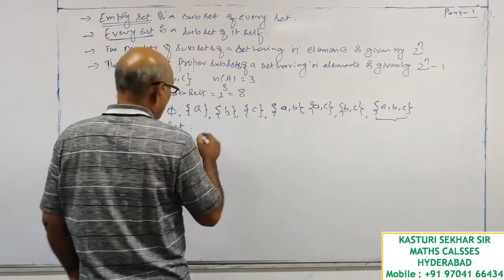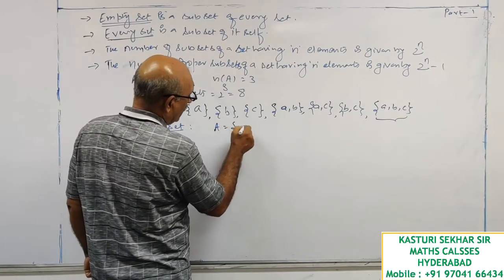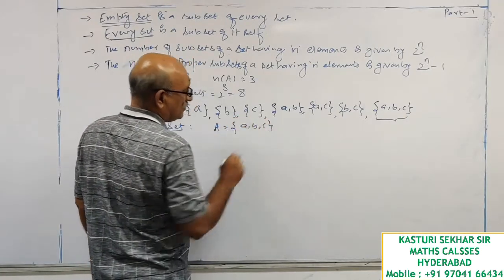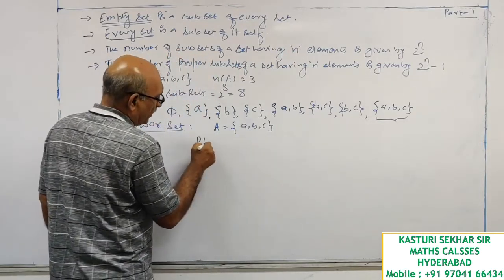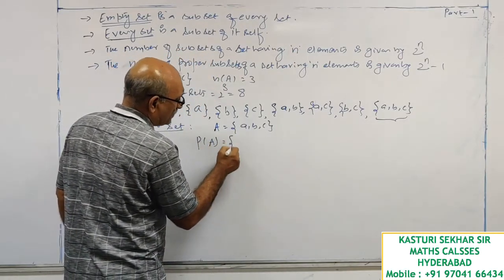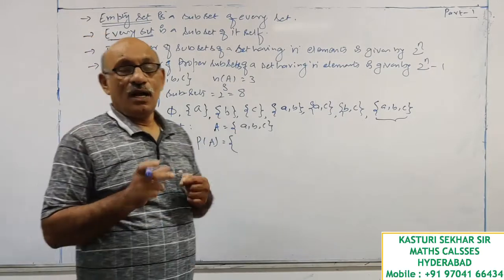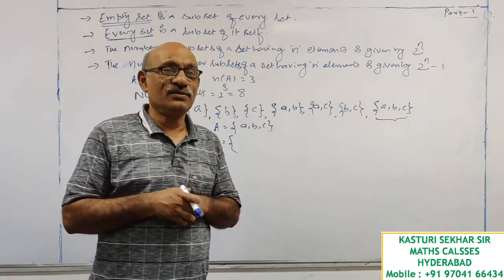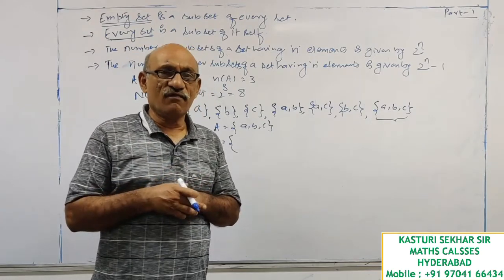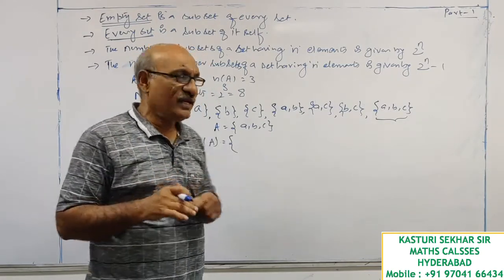Now consider the same example. A is equal to A, comma, B, comma, C, and it is having 8 subsets. If I represent these 8 subsets as elements in roster form, then again you will get a set.